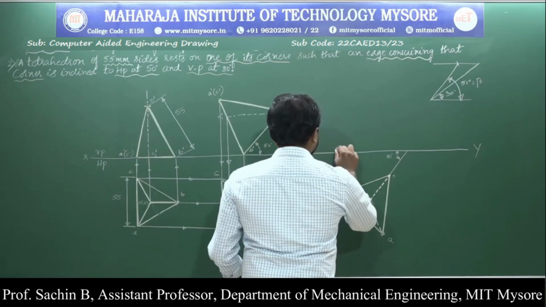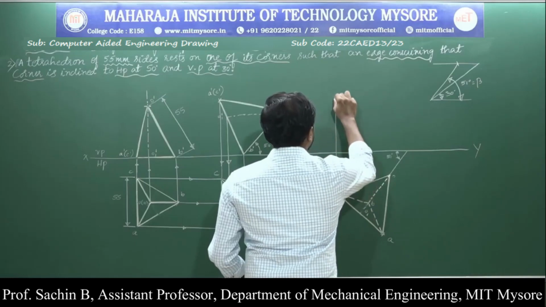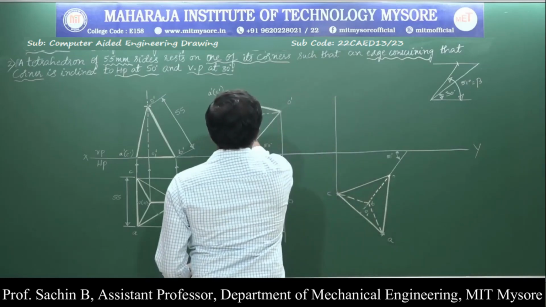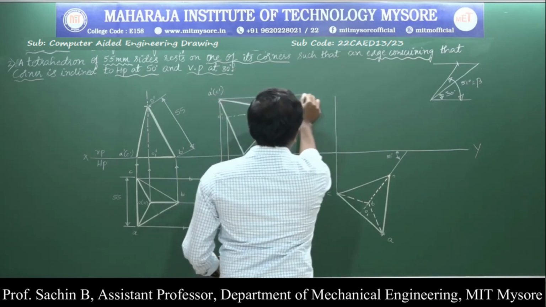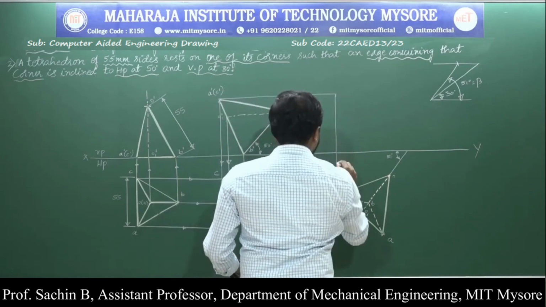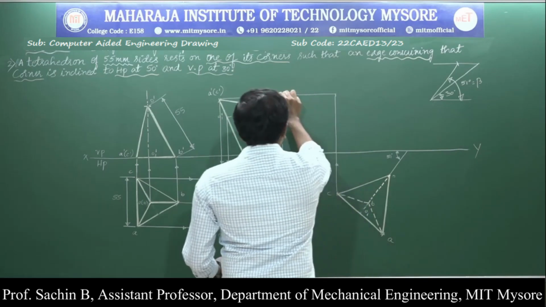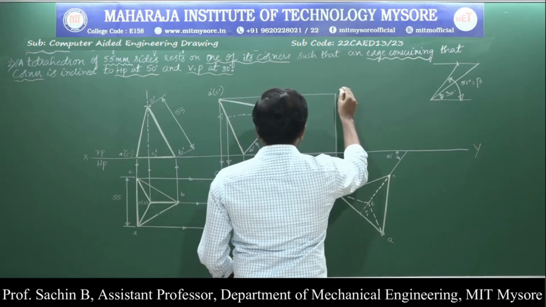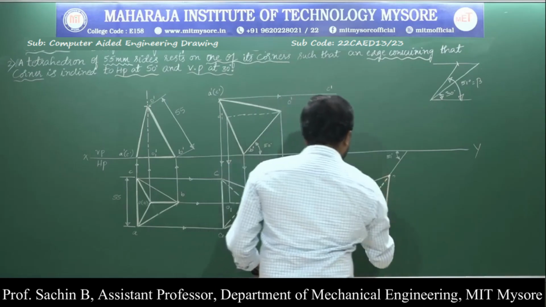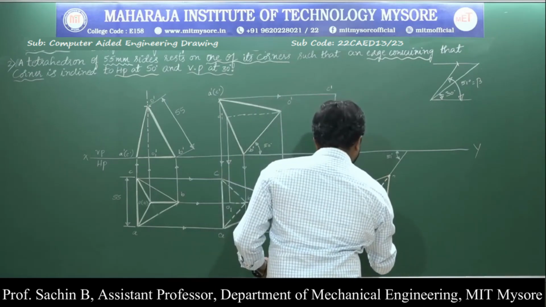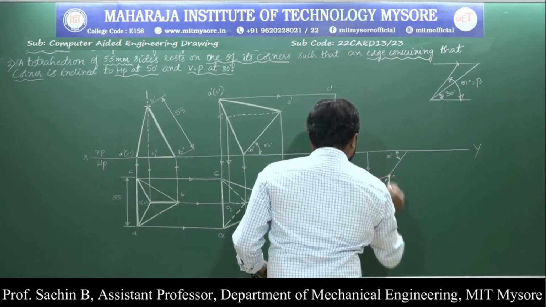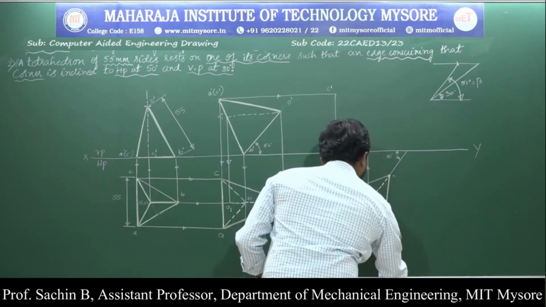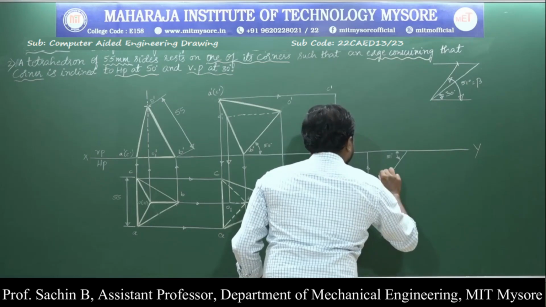From C point, I am drawing the projection line. I am going to call this C dash. Again from B point I am drawing the projection line. Again from A point I am drawing the projection line.